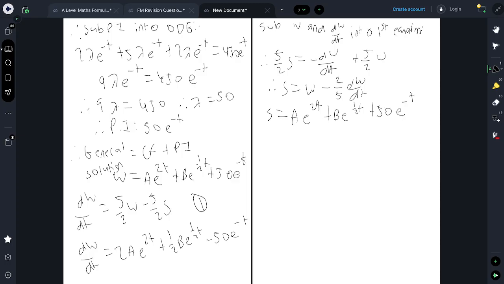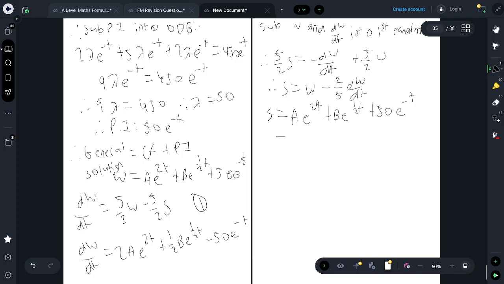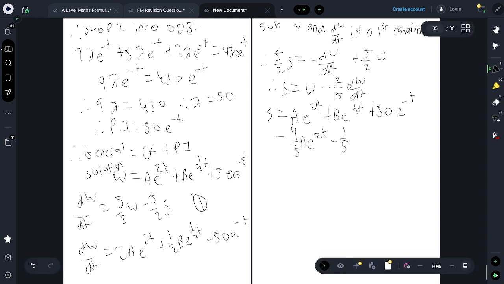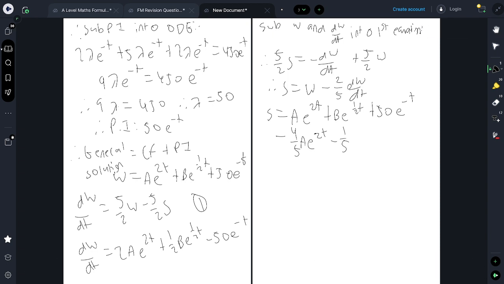And then we need to minus 2/5 the derivative, so that's going to be minus 4/5 of a e to the 2t, then minus a fifth b e to the half t.